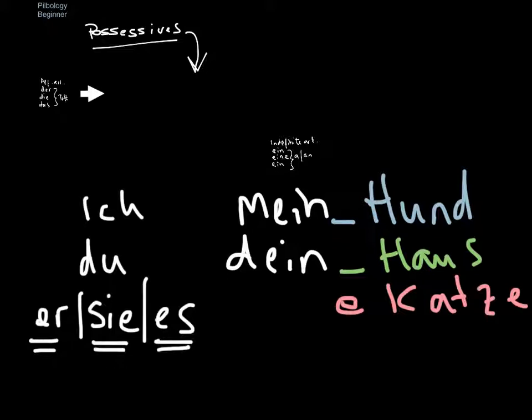Okay, so das ist meine Katze. So that is how we write the I and the U form. It's very similar to the English. I mean, they come from the same roots after all. It's mine. It's the same pronunciation almost.